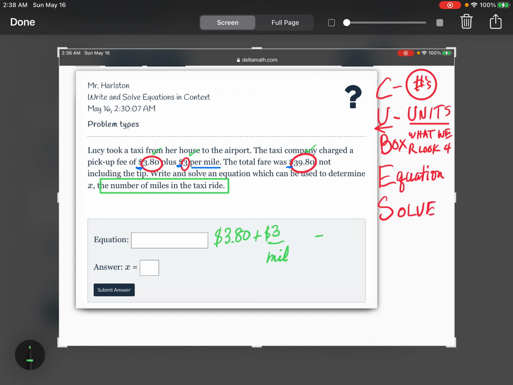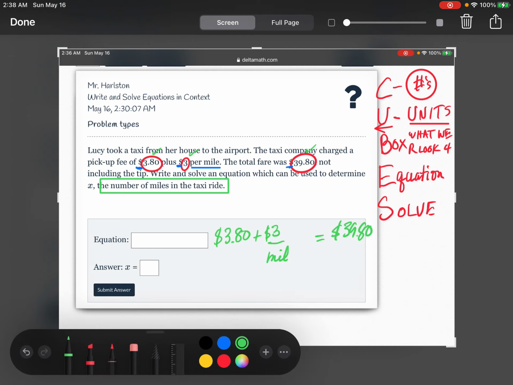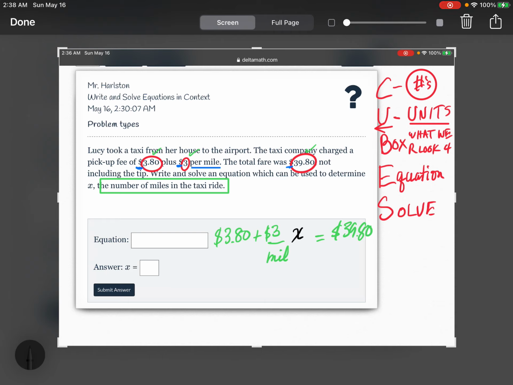And then we have equals $39.80. Well, the only thing we're missing is this X, which will go here because the units for this X, and I didn't underline this, is miles. So this will be X miles, right? So what this is saying is that 3.80 plus 3X equals 39.80. So that's the equation that we would have.